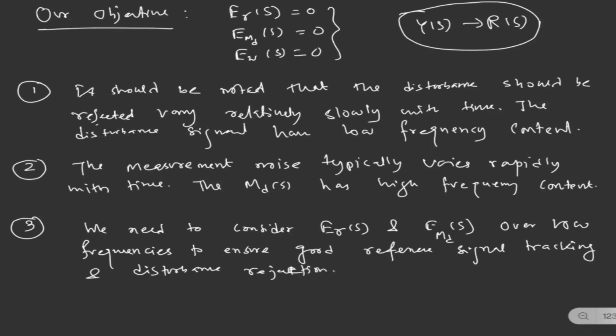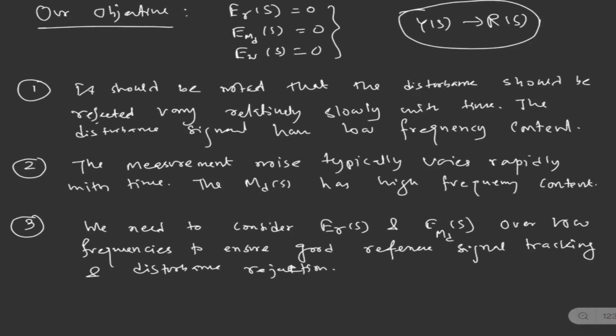It means our reference signal also varies slowly with time. So that's why E(R)(S) and E(MD)(S) are considered over low frequencies to ensure good reference signal tracking and disturbance rejection.